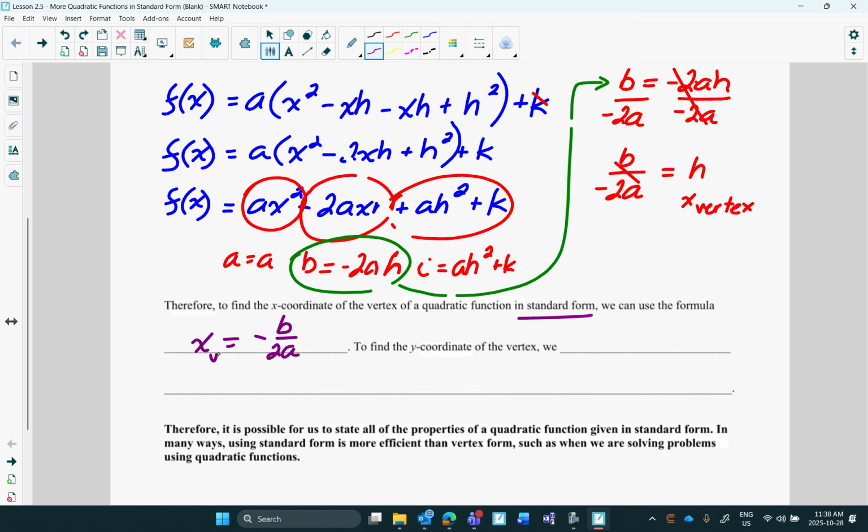We plug X into the standard form and calculate Y. So to find the Y coordinate, we substitute whatever XV is, the X vertex, into the function, and calculate Y, which will be the Y vertex.